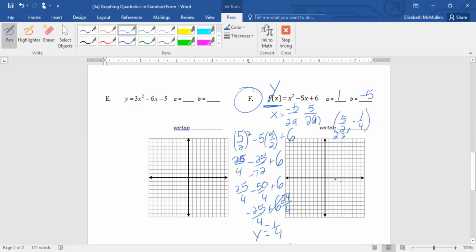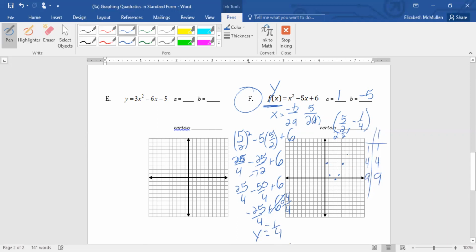All right. So then we can do our 1, 4, 9 table. My a is 1, so this is going to be a standard 1, 4, 9. Remember I'm halfway in between here, so if I go up 1, I'm going to be about here. Same thing. If I go out 2, so 1, 2, I have to go up 4. 1, 2, 3, 4.